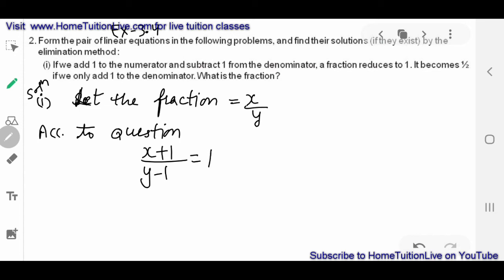Okay, now solve the equation. x plus 1 equals y minus 1, so x minus y equals minus 2.